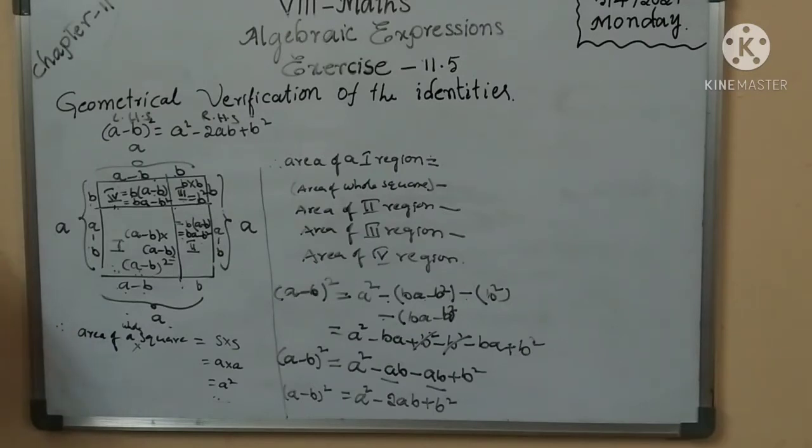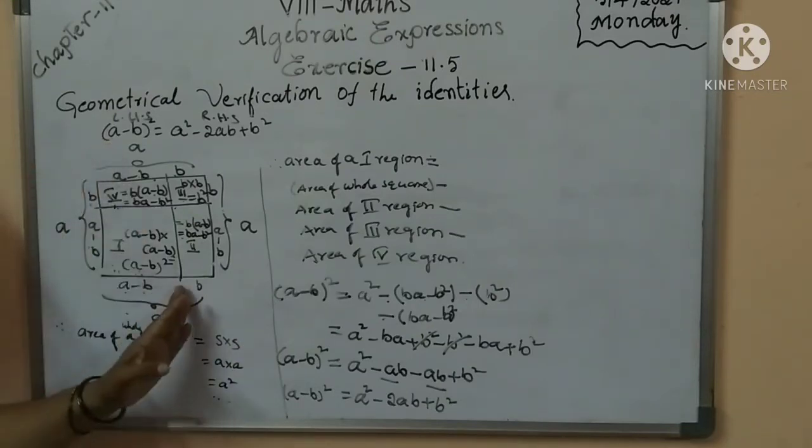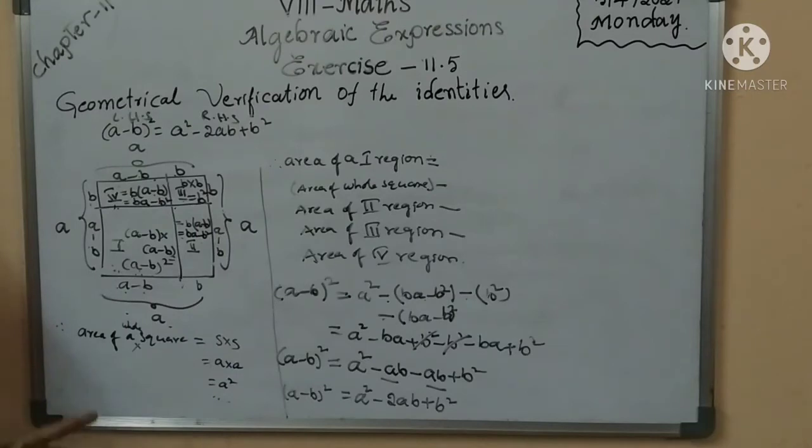Did you understand, children, these two identities? I hope you understood these two identities of verification. So once again I explain (a minus b) whole square. First, in total, we have to take the square. The total length of a side is a. So here, minus b means remove from any side a part of length b.